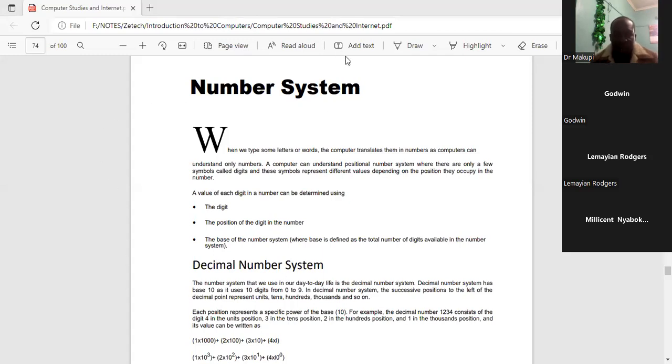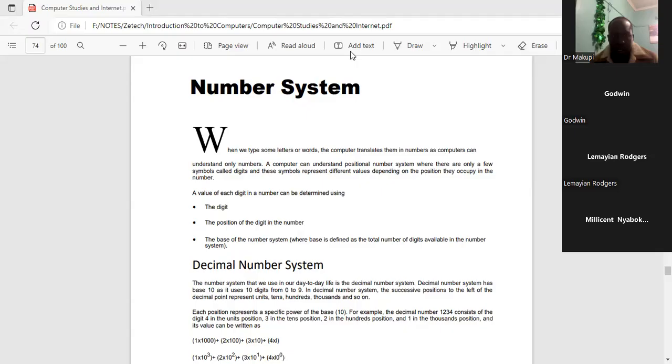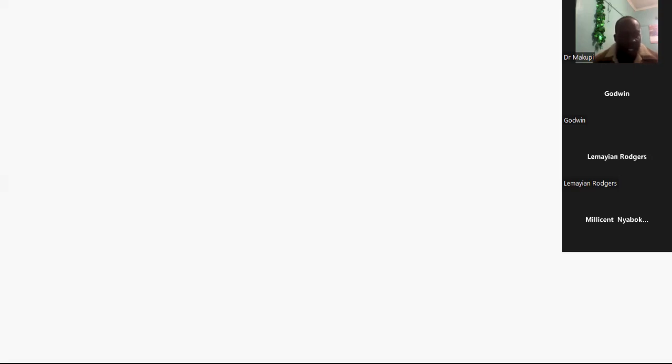Let me share a whiteboard. I hope you can see the whiteboard. Okay, so I'm talking about decimal numbers, as we have agreed.